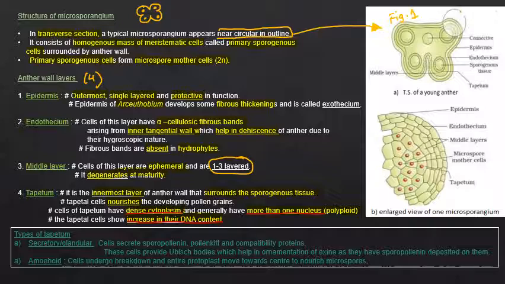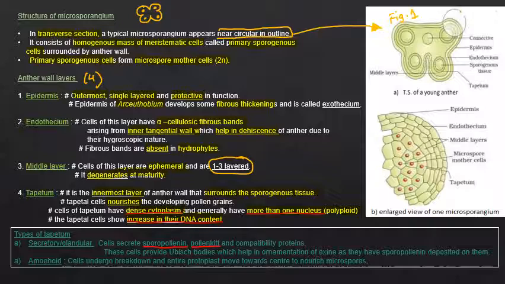Now there are types of tapetum, and the first type is the secretory or glandular tapetum. As the name suggests, it is secretory, that means it is going to release something. So there are 3 major released factors. First is going to be sporopollenin. Sporopollenin is going to be the hardest substance present in the plant world. Okay, second released is pollen kit.